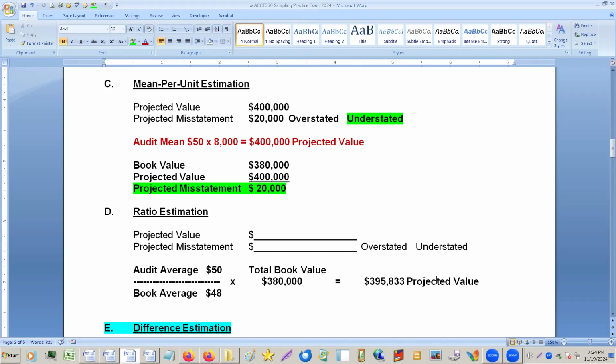Yes, that's correct. Okay, it looks funny. I thought it'd be a nice round number. Obviously, it's not. Okay, so this is our projected value.